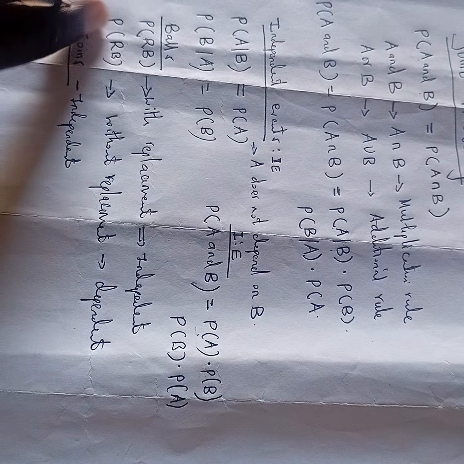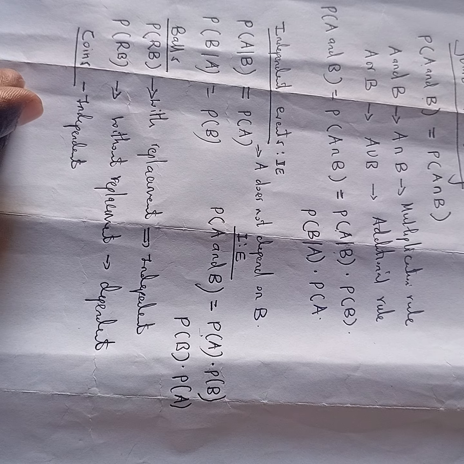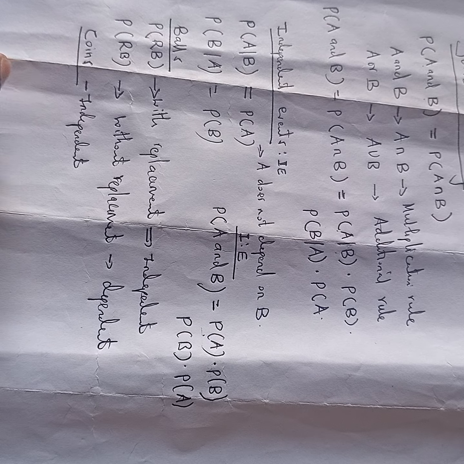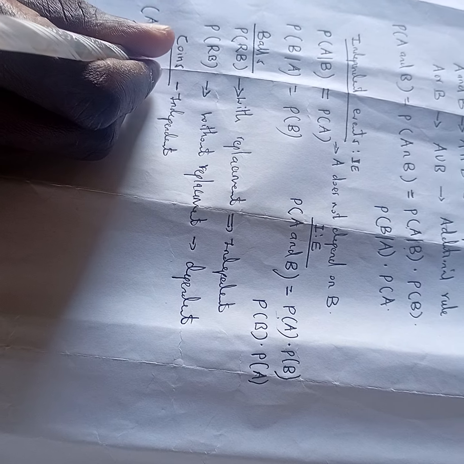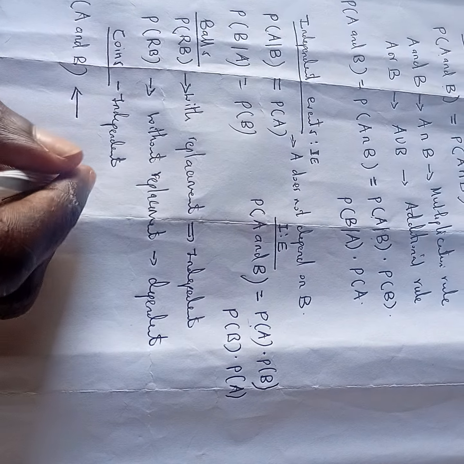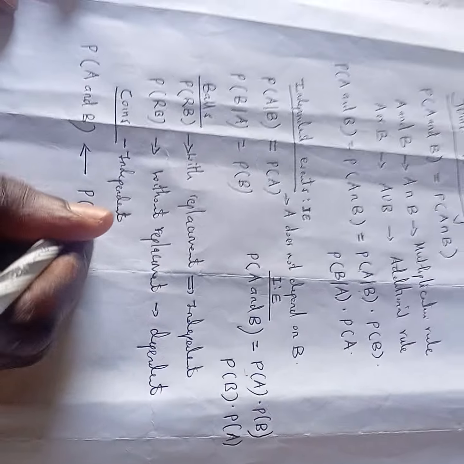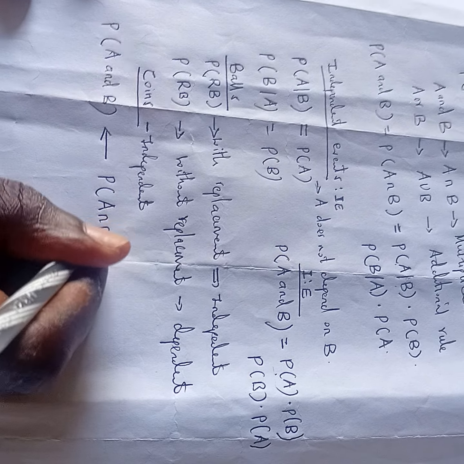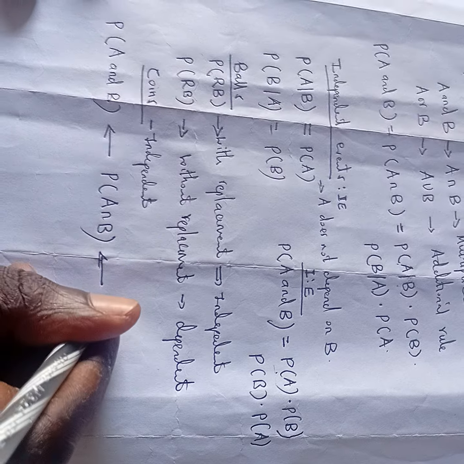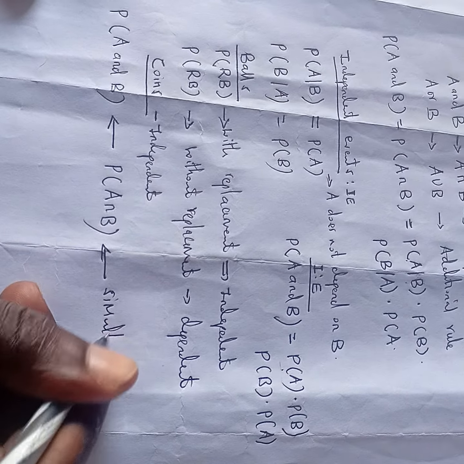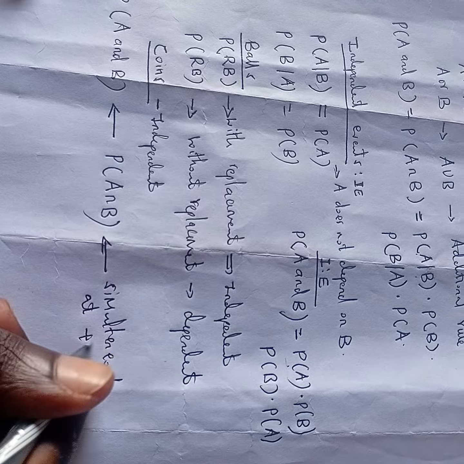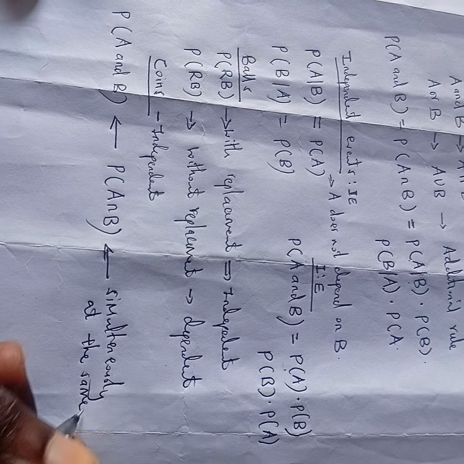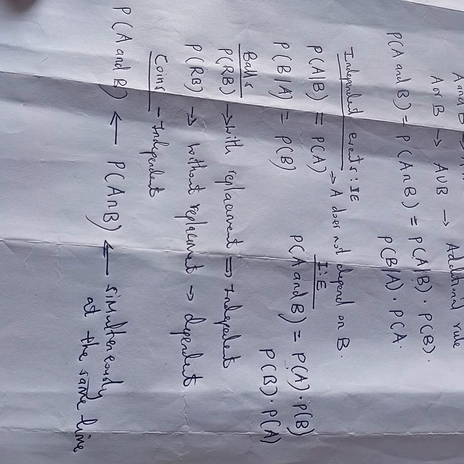Now I want to give you a critical analysis. If you see the probability of A and B, this implies the probability of A intersect B, which means that they happen simultaneously, at the same time.